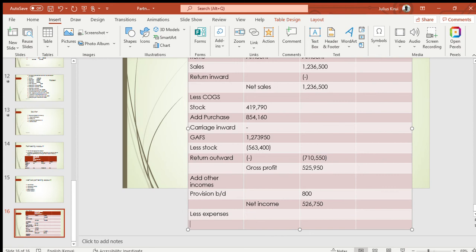That is our first expense. So carriage outwards is an expense. How much is carriage outwards? 12,880. Then next is what?